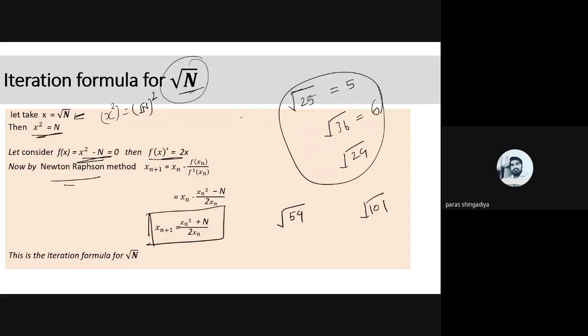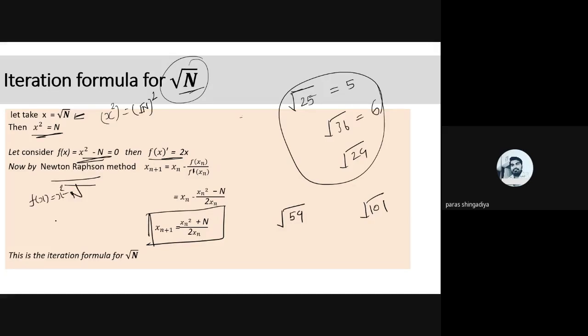And now by the Newton-Raphson method, we have its formula: x(n+1) is equal to xn minus f of xn upon f dash of xn. And now replace the function output here. So xn as it is here. And what is f of xn? We have f of x is equal to x square minus n.